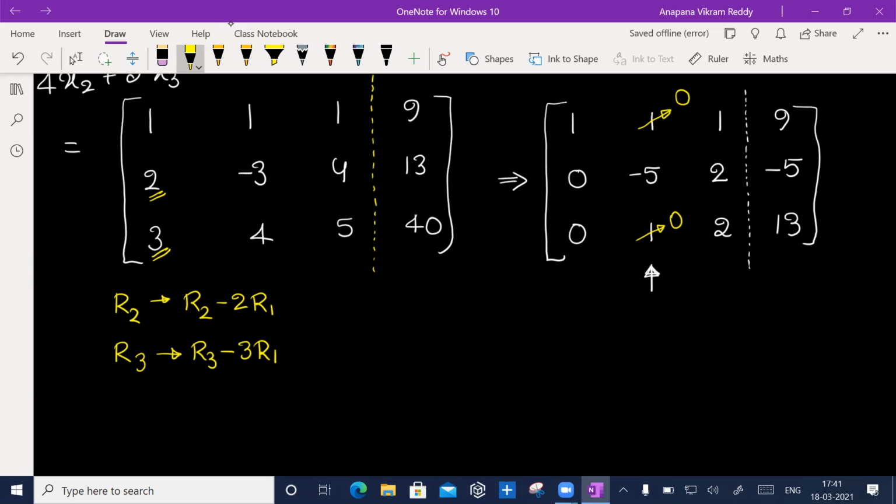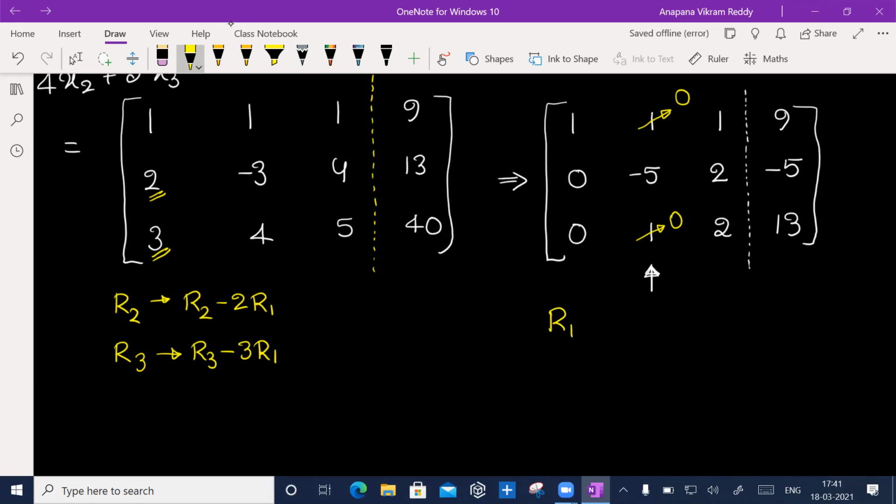Now, how can I make the entry on top of -5 as 0? I want to modify the first row, so I'll modify row 1.